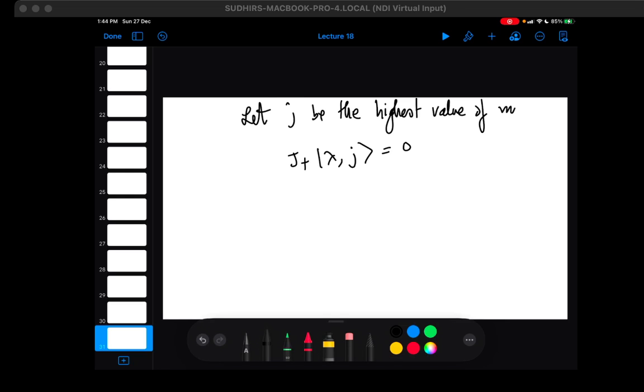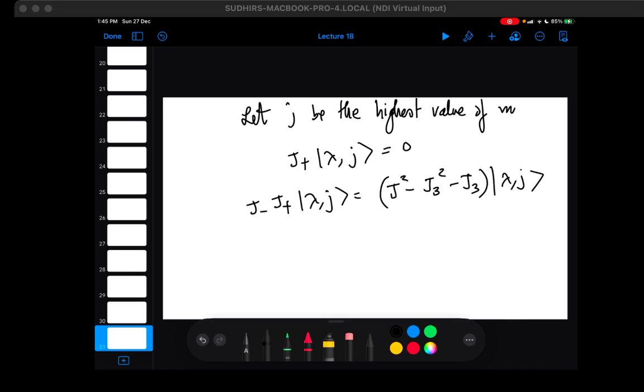Now if you act J minus on this, you will have the condition J minus J plus acting on |λ, j⟩. Now you know J minus J plus you can rewrite as J square minus J3 square minus J3, all acting on |λ, j⟩.